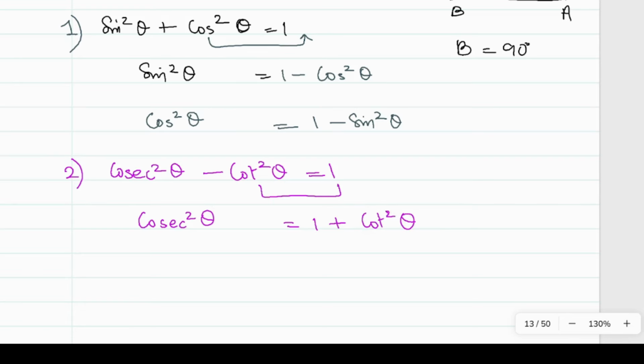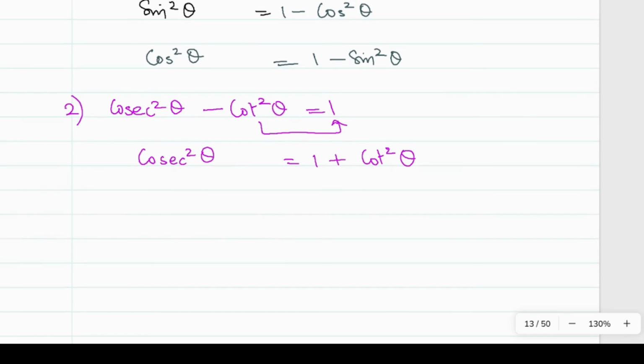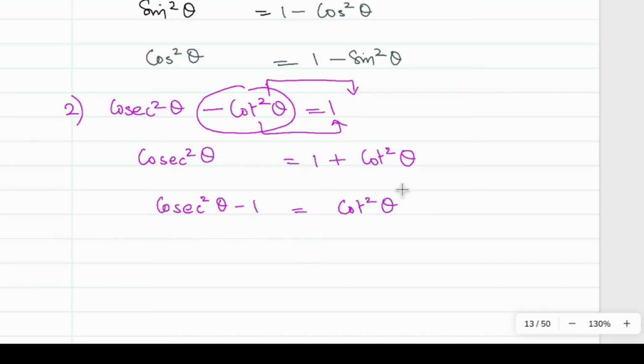If I take the cot² to the opposite side, minus cot² will become plus cot². And now I want to make the value for cot². I can take this cot² to the right side, so cosec² minus 1 will become cot². That is, the value for cot² is cosec² minus 1, right?